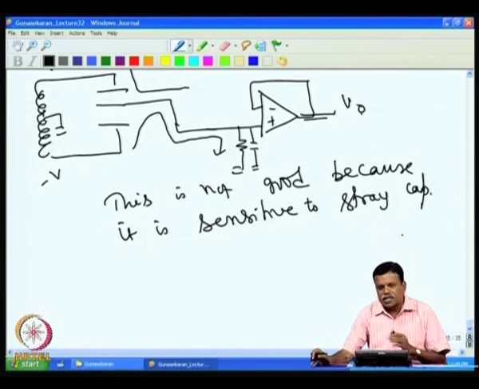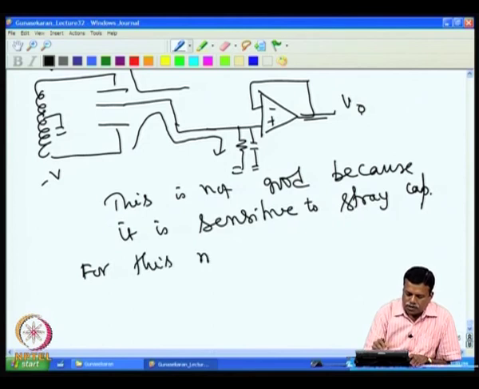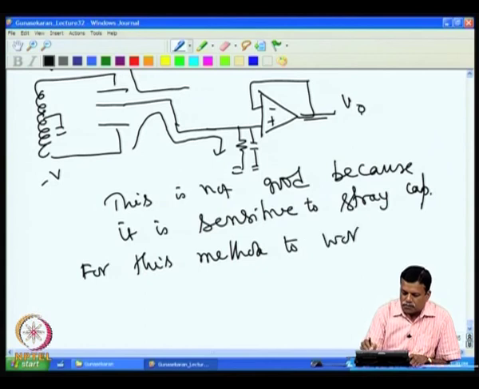If this method has to be successful, it should be a null method. For this method to work, V naught should be equal to 0. This is very important.